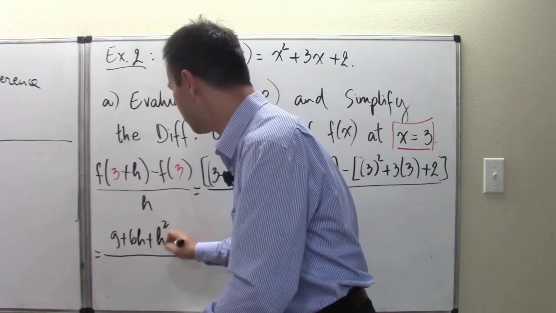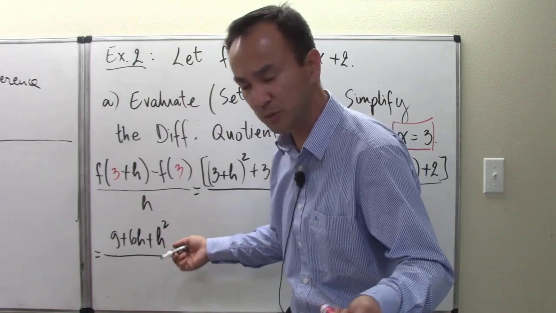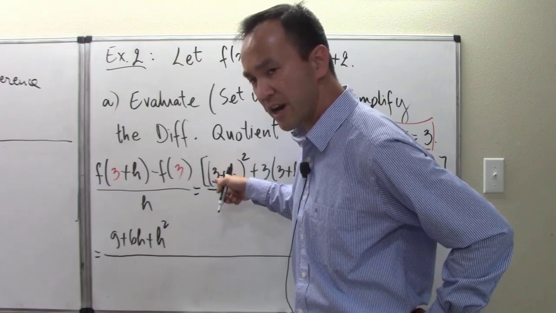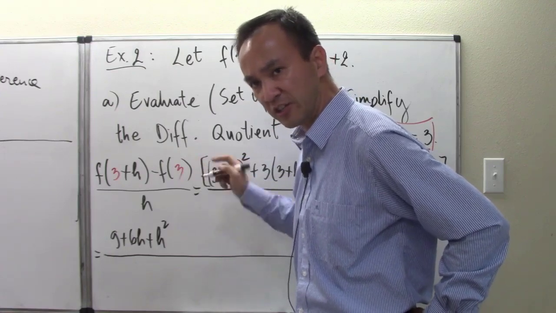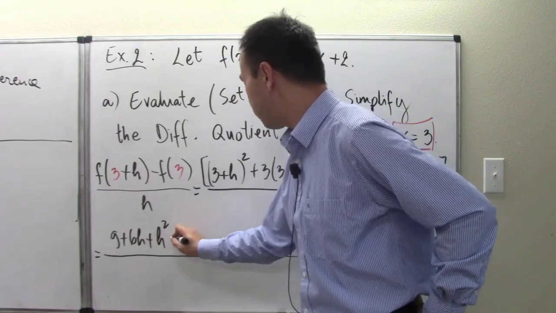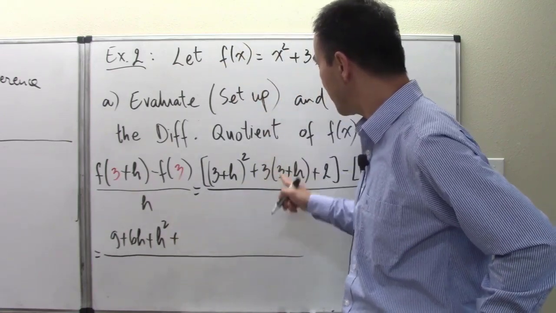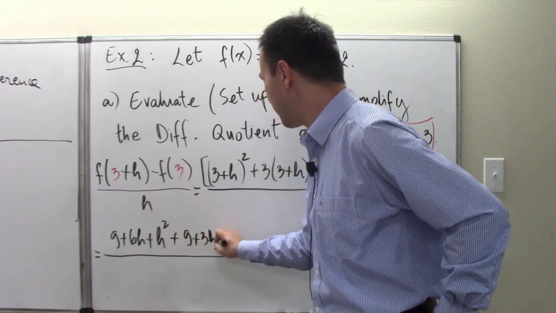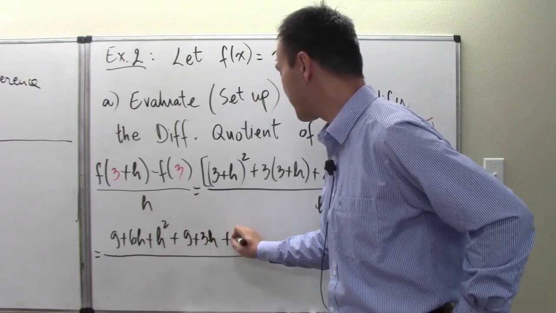You have seen this similar problem multiple times, so you can always think of it as a product of two identical factors, 3 plus h times 3 plus h, and this is what I get after foiling. Then plus, and the 3 distributes to each term, making it 9 plus 3h, and then plus 2.